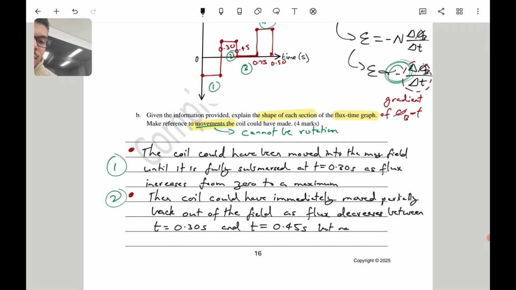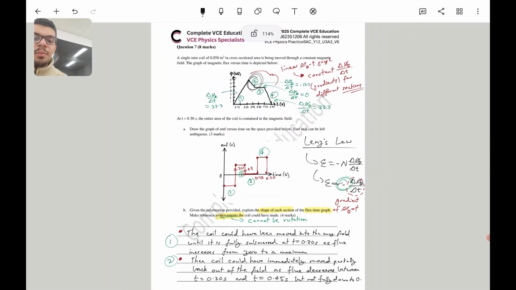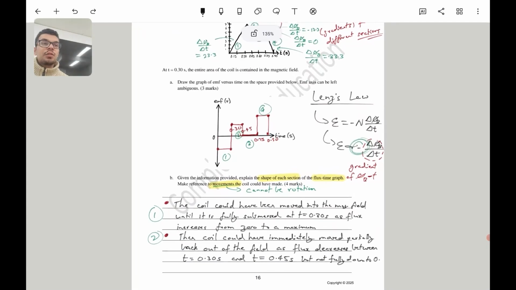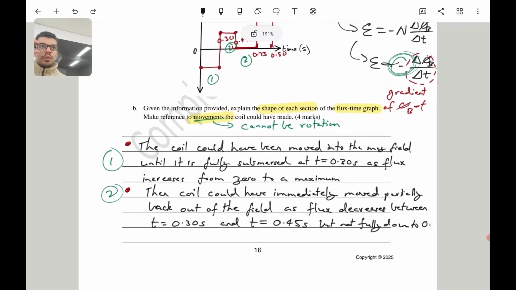Okay, but not fully down to 0. So that's for this middle part of the graph. In this section, the coil could have just been partially moved out of the magnetic field, but it would have just been kept there, being partially out of the magnetic field for some time. In section 3, that's what we're going to be talking about.